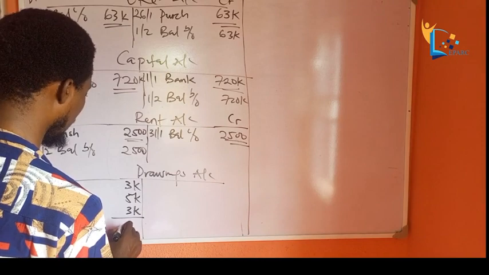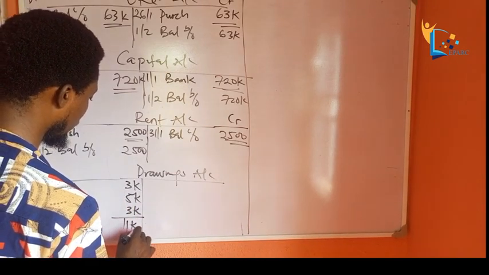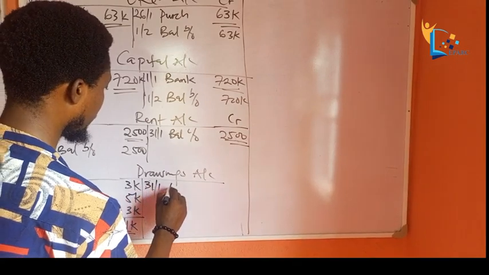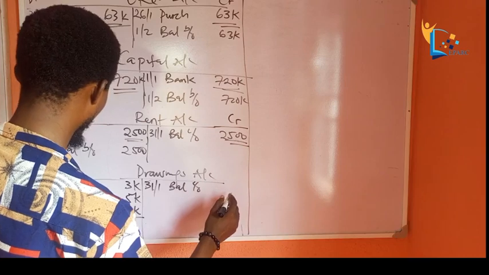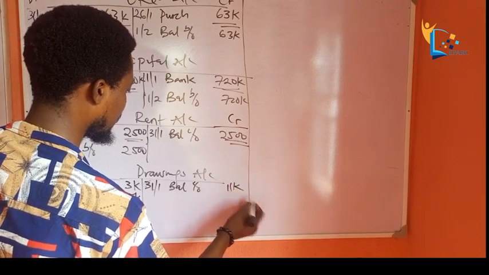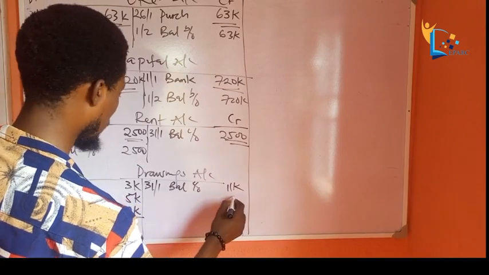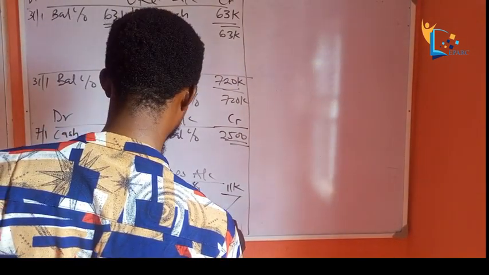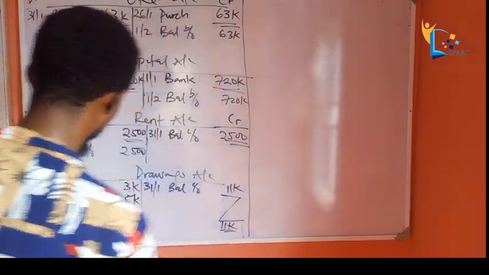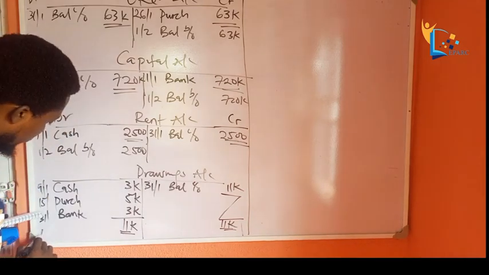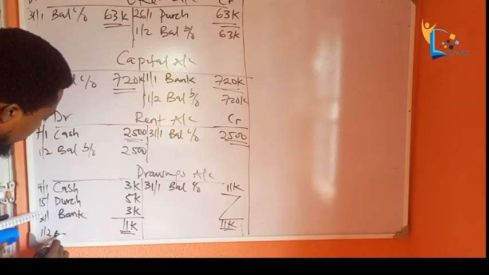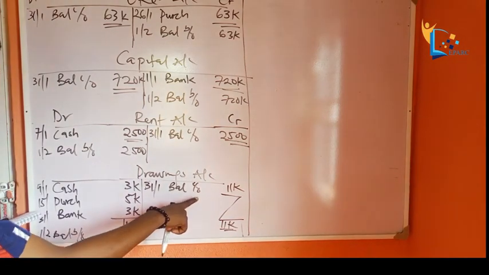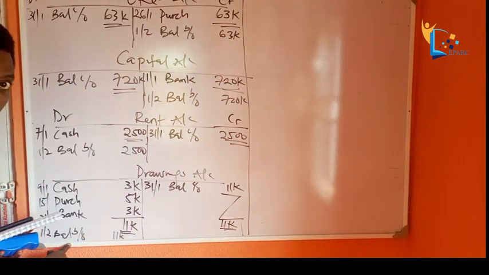So the total of it is 11,000: 8, 9, 10, 11. 31st of January, balance carried down, which is 11K. So on the 1st of February, we have the balance brought down, which is 11K. Sorry, there's no space here, but you know what to do. Once we have balance carried down here, we should have balance brought down.